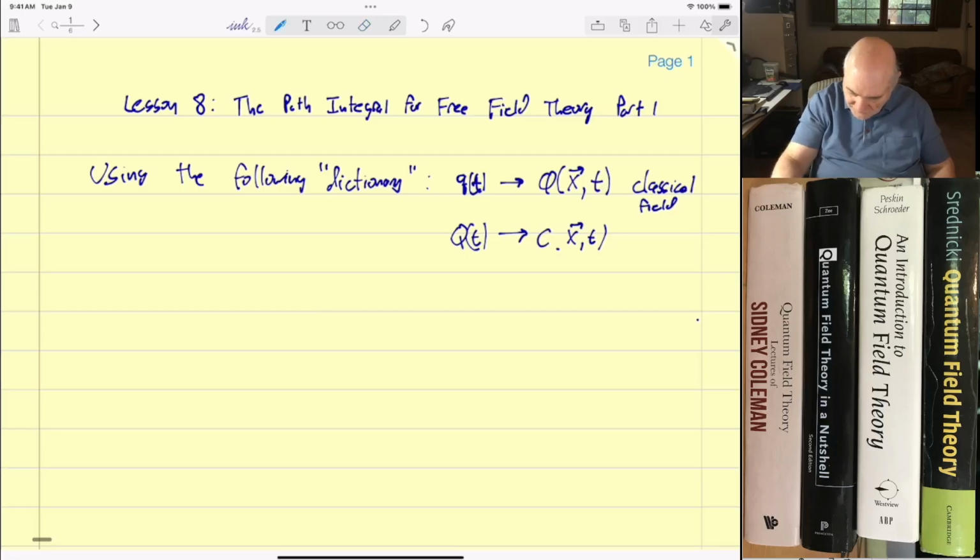So you're going to have to determine what it is by context. So this would be an operator quantum field.